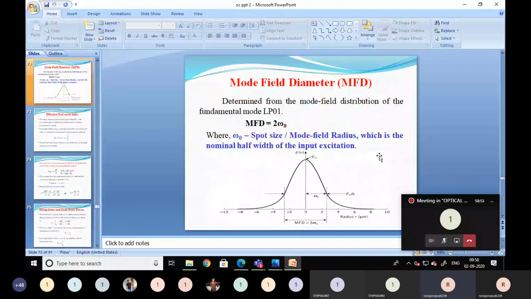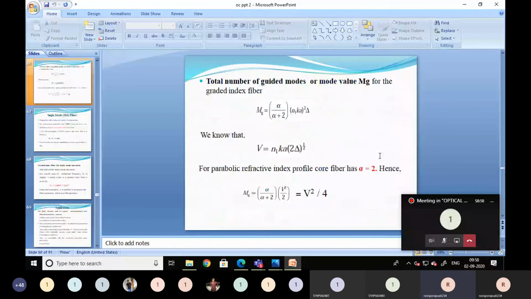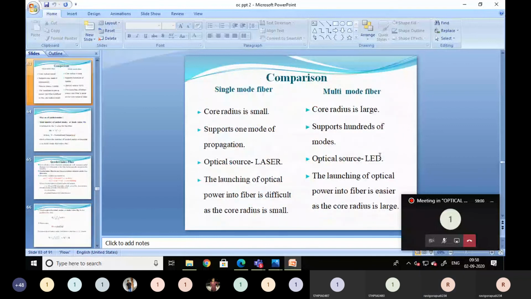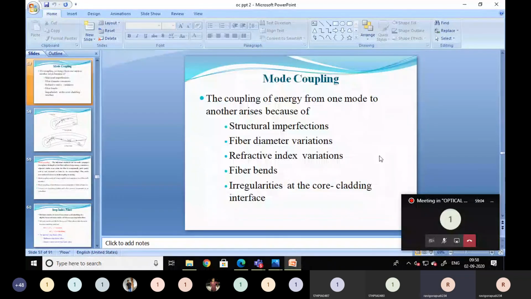Next parameter, it may be parameter or next topic, you may write in any manner: mode coupling.